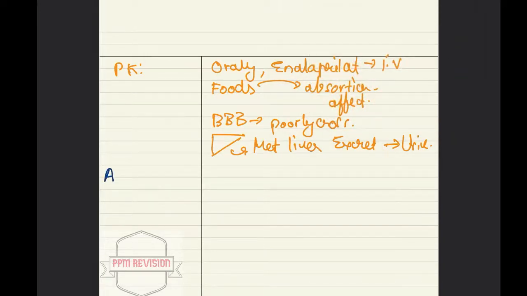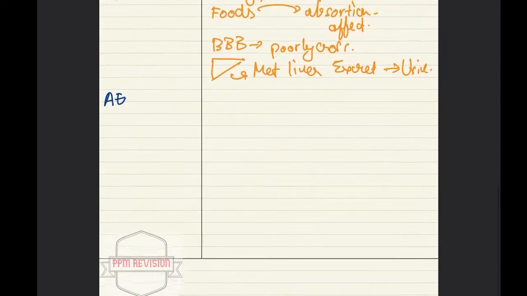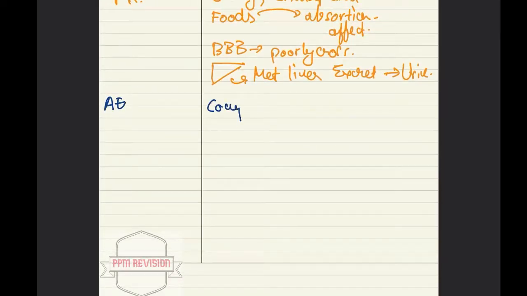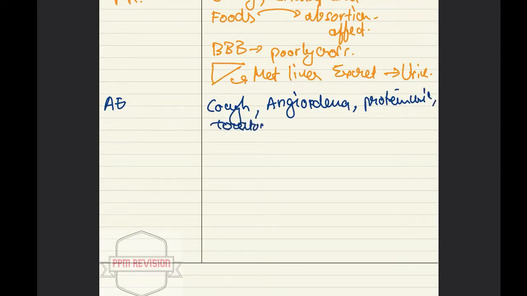So, in case of the adverse effects, what do we have? Adverse effects: there is cough, angioedema, proteinuria, teratogenic effect, as well as hypertension and neutropenia.